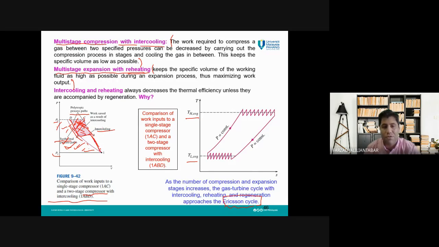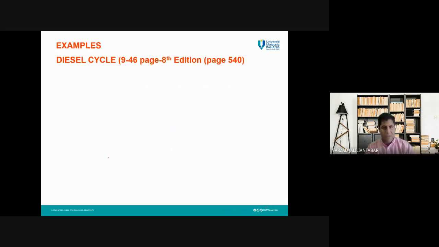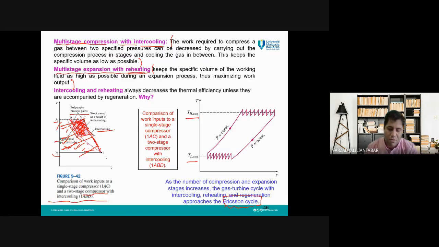If we don't use intercooling, the whole of this is the required work input. But if we use intercooling, this amount of work can be saved. So simply, you can see why intercooling is important. By this, we reach the end of today's session.